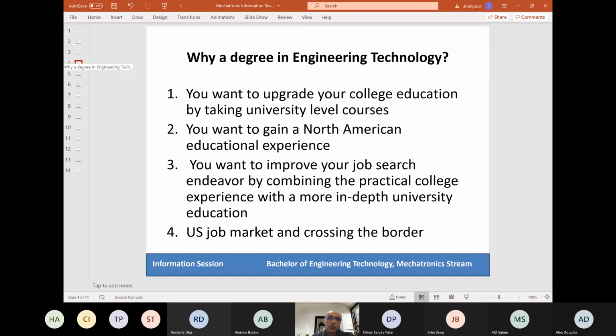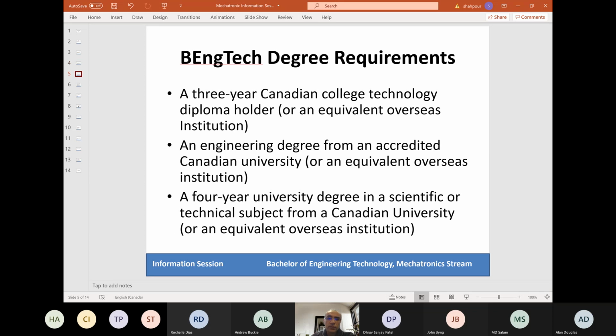The first cohort that we started was 100% from industry, with people from different companies like Ford, Valiant, and Chrysler. They had the issue with crossing the border, so this degree was good for them. So there are many reasons to pursue the Bachelor of Engineering Technology diploma.